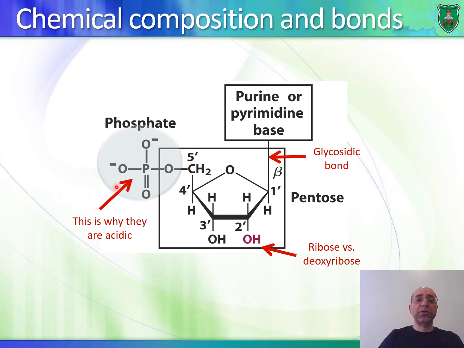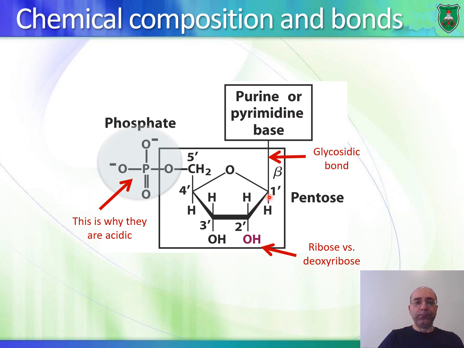So deoxyribonucleic acid or ribonucleic acid. And the third component is a nitrogenous base. We'll talk about this base right here, and there are 5 bases that are associated with the ribose. Now note that the bases are associated with carbon number 2.